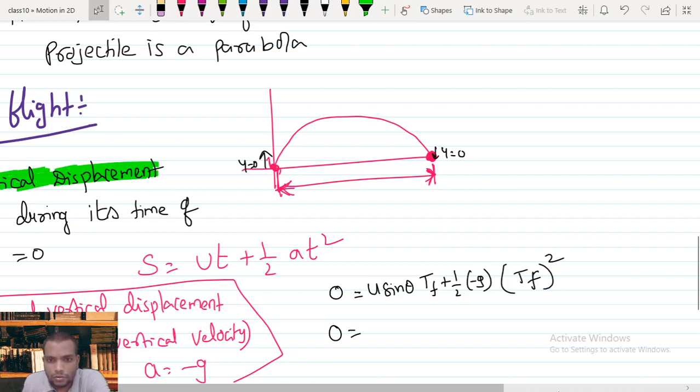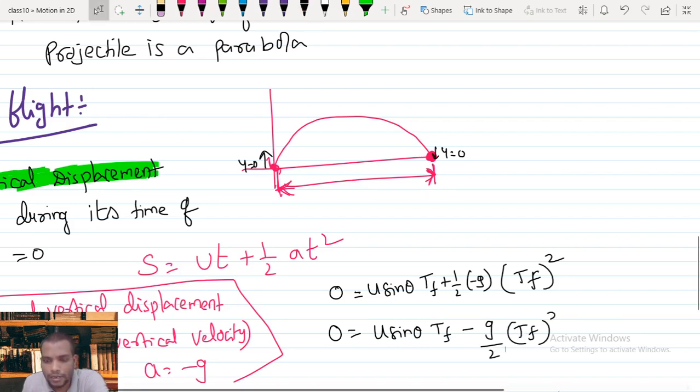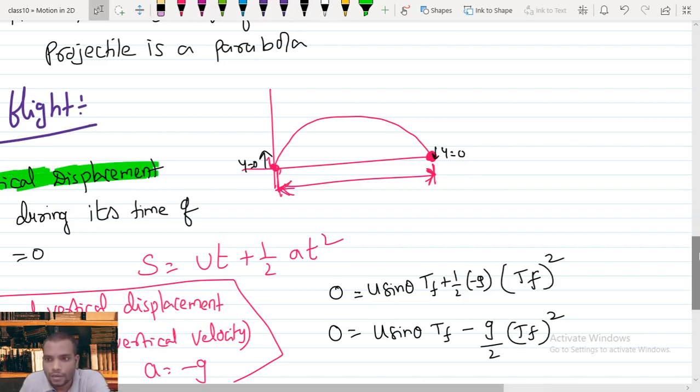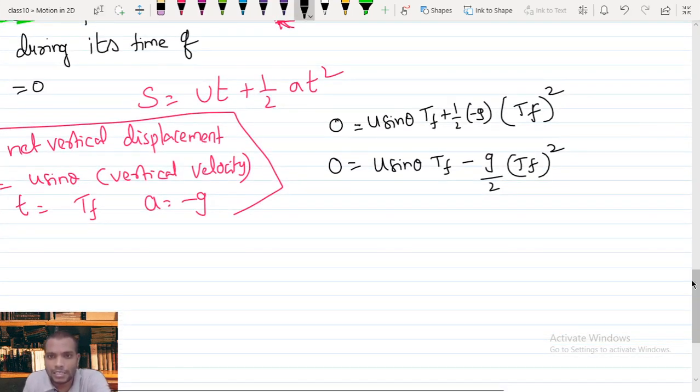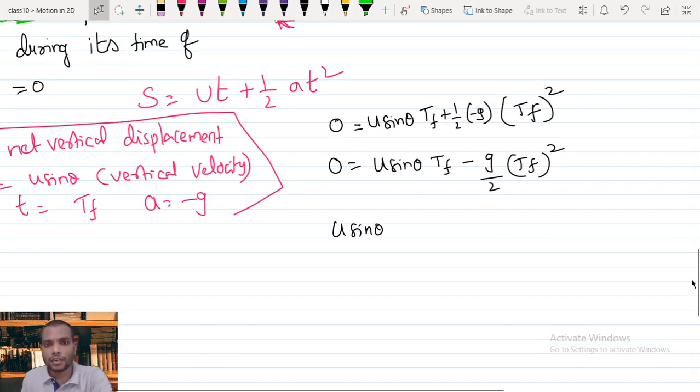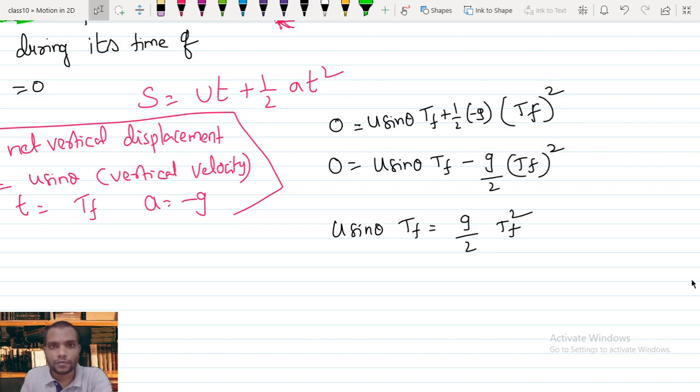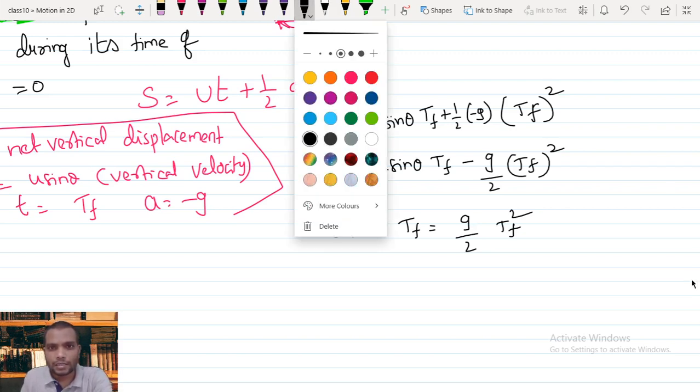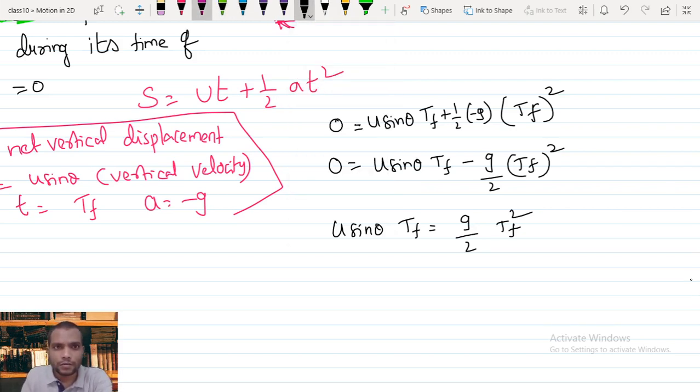So 0 equal to u sine theta t suffix f minus g upon 2 t suffix f whole square. Now if we interchange these two, we get u sine theta t suffix f equal to g upon 2 t suffix f square. We cancel t f with one of the terms.